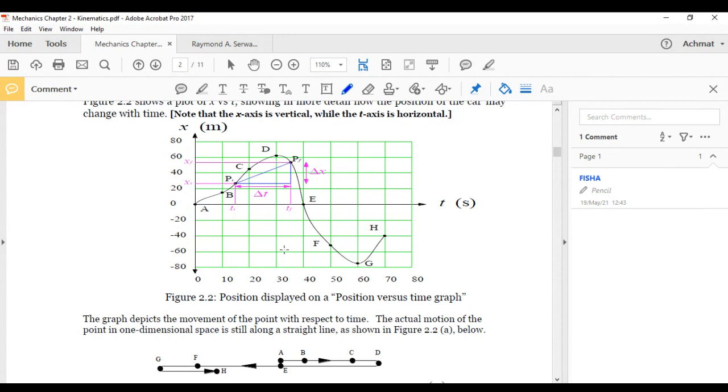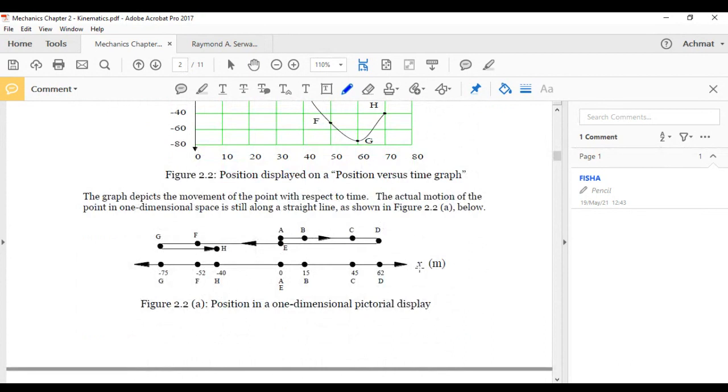Okay. In real life, this is actually what we have. Can you see here? We have positions A, B, C, D, E, F, G, and back to H. Okay, so I just drew it like this here just to get a better idea. But remember, it should all be on one straight line. So from A to B to C to D. From D, we go back.